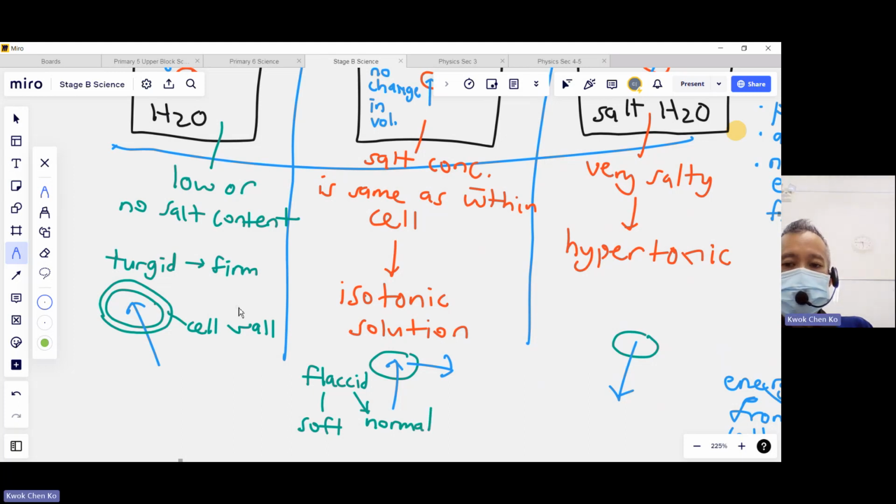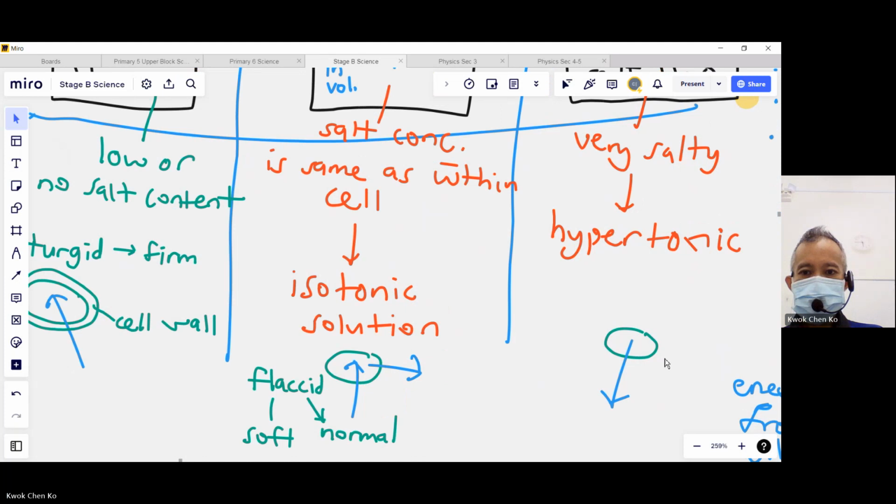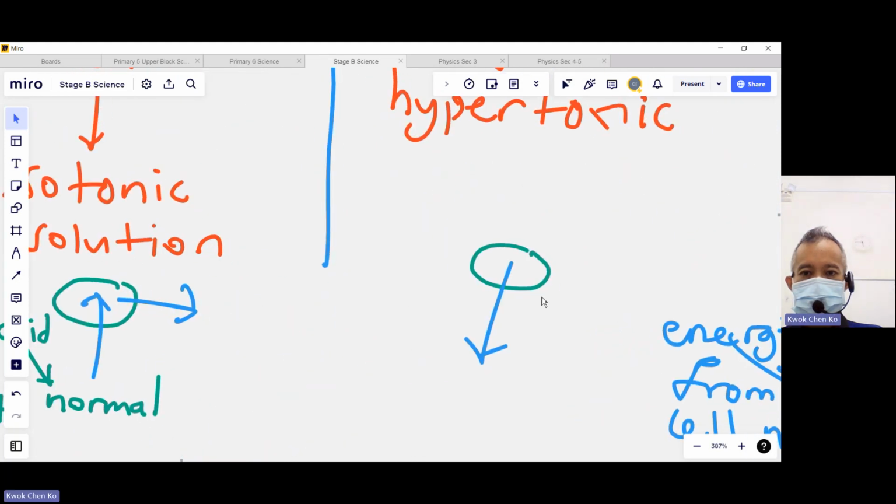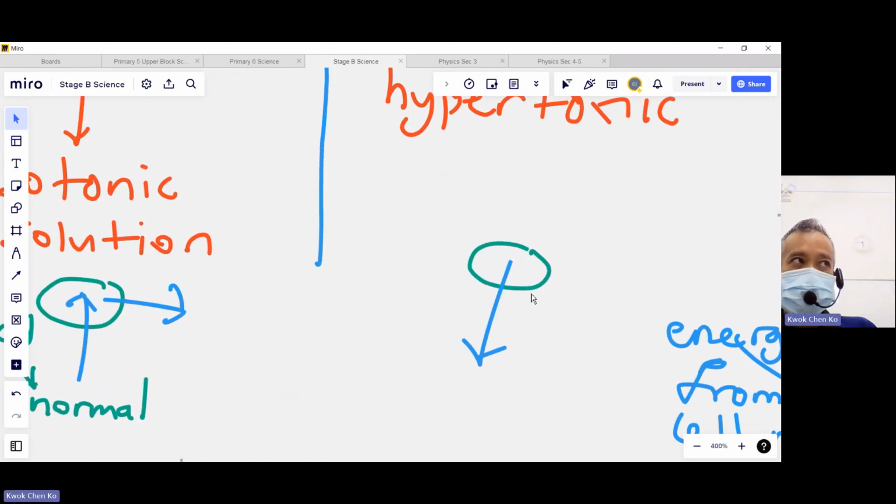Now, last case is very funny. You have the cell wall there, remember? Okay, so you have the cell wall there.